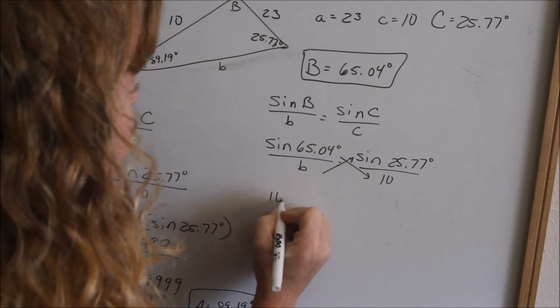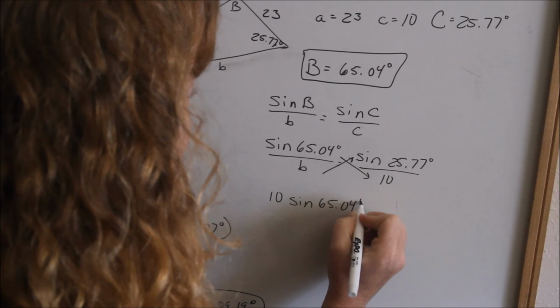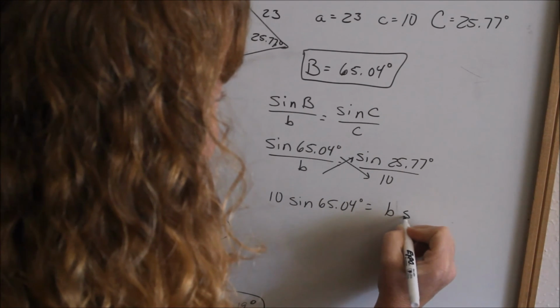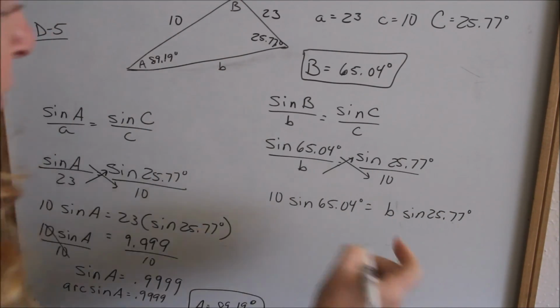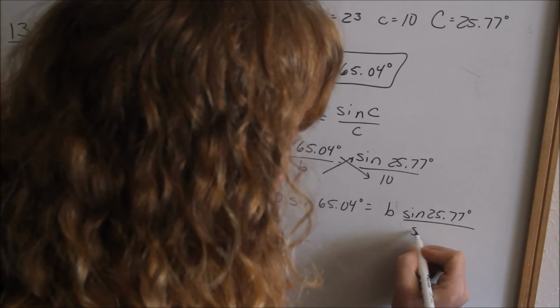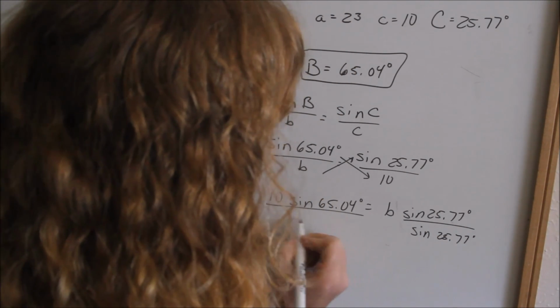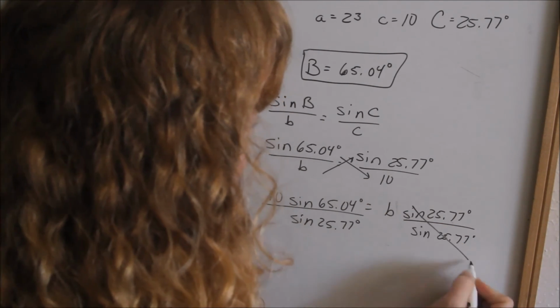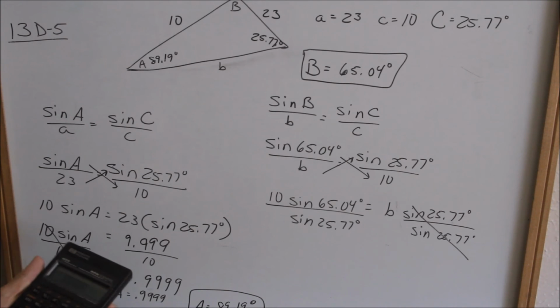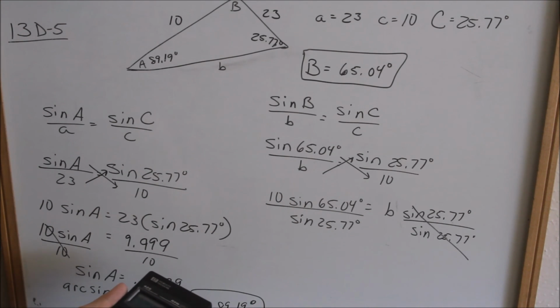So that would be 10 times sine of 65.04 degrees is equal to B times sine of 25.77 degrees. To solve for B, I would be dividing both sides by this. At this point, there's more than one way to solve, depending on which step you want to do first. So, just to show some of my steps, I'm going to get sine of 65.04. I'm going to multiply that to 10.